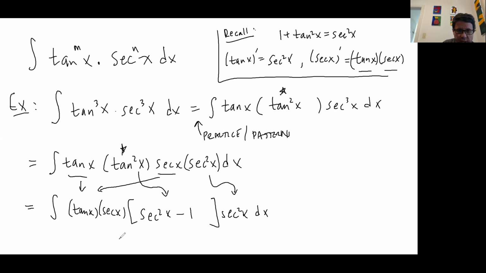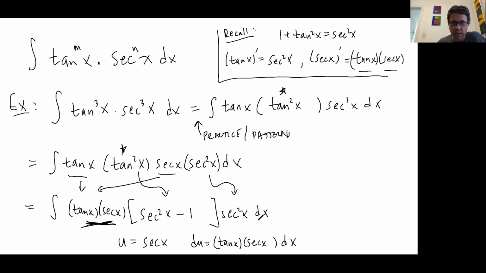So this is like advanced u substitution, where u equals secant, and that's going to go in two places. I use the derivative of secant, which is tangent times secant dx, to be du. Everything here that's underlined goes with du, and the rest goes with u. So it does simplify down really nicely.